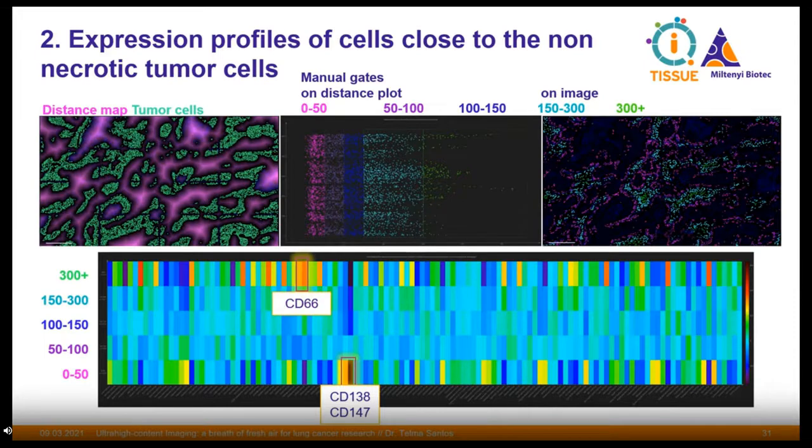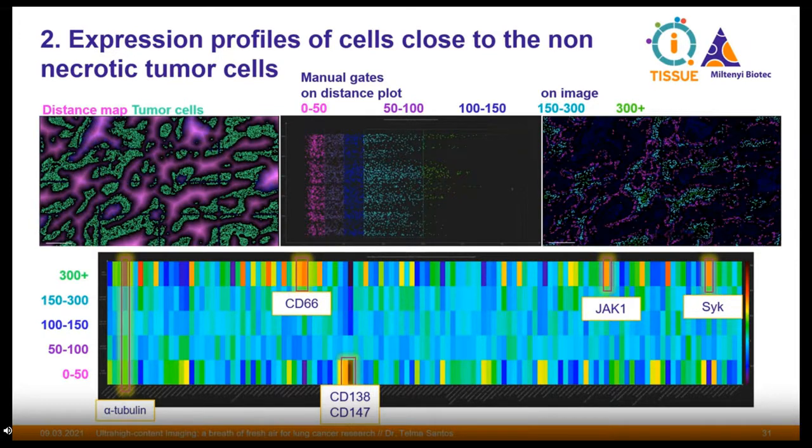We see some CD66 here, so correlated with inflammation from the cells who are not tumor cells, so they can be in an inflammatory state. We also have JAK1 here and SIK here, also related to inflammation.